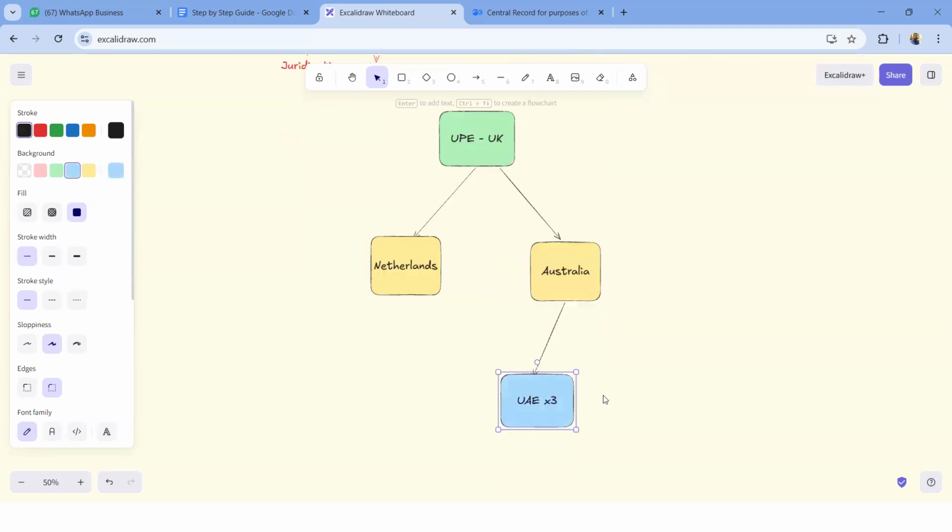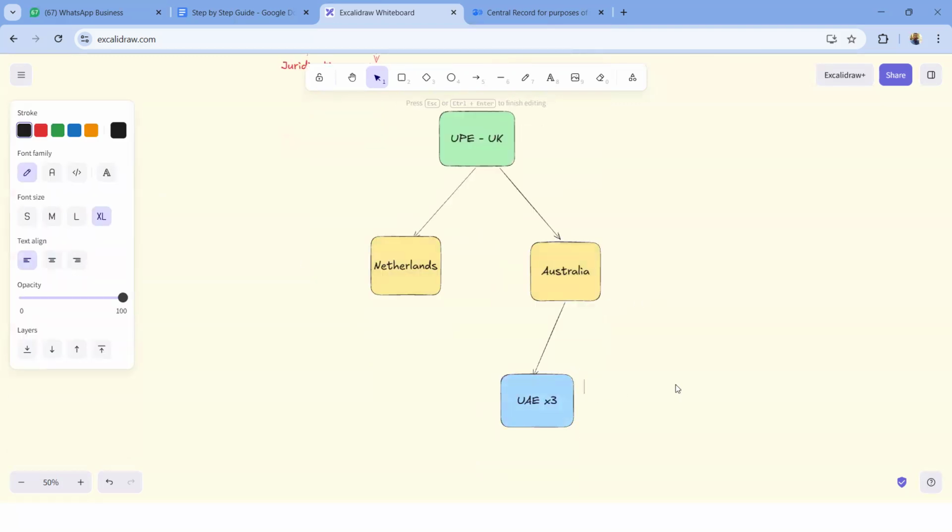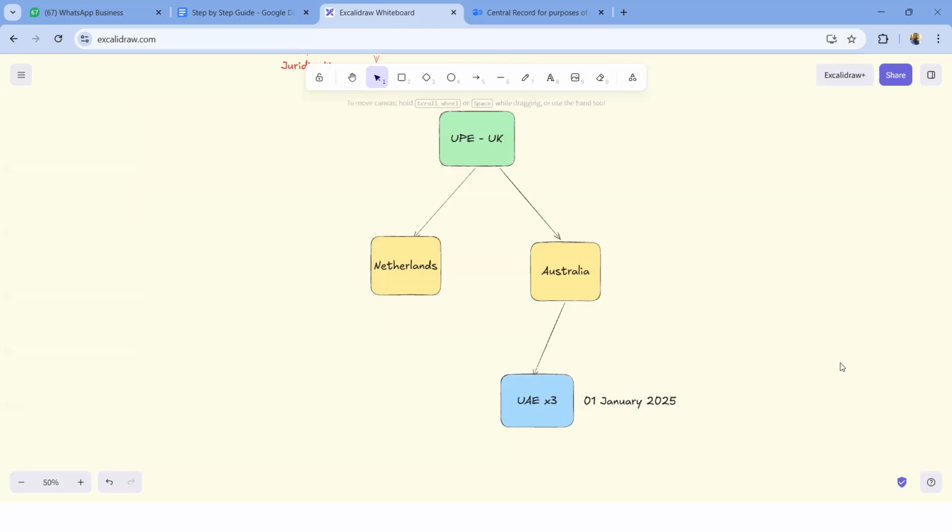Now, you tell me, when is UAE implementing DMTT? From 1st of January 2025. Correct? Only for years after 1st of January 2025 is when you will have a DMTT.